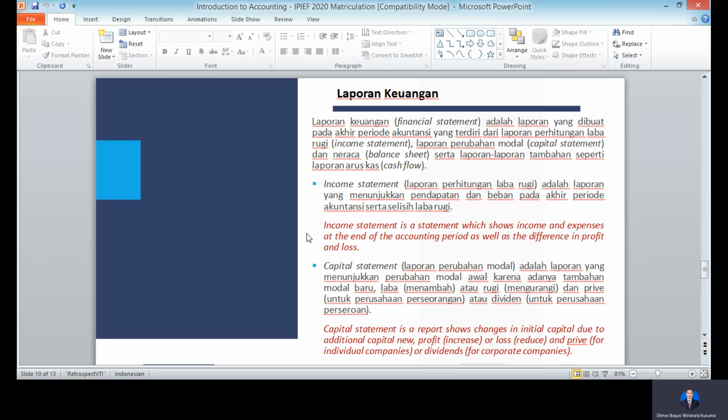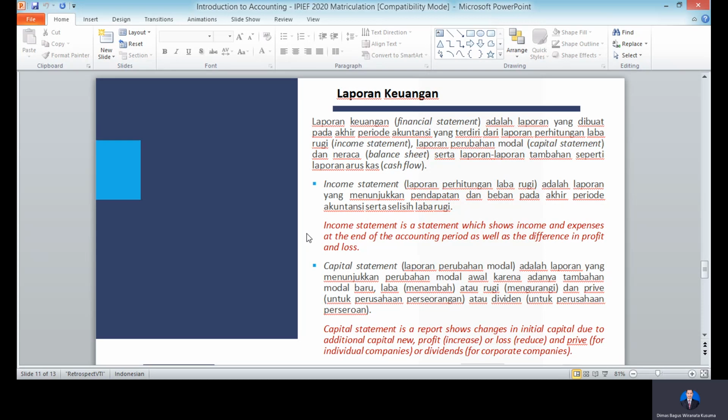And the next one is about financial reports. Financial report statements can be in the form of balance sheet statements. In the balance sheet, we divide into two statements. The first is the income statement, a statement which shows income and expenses at the end of the accounting period, as well as the difference in profit and loss. So the difference between the income and expenses is conceived as the loss or profit.